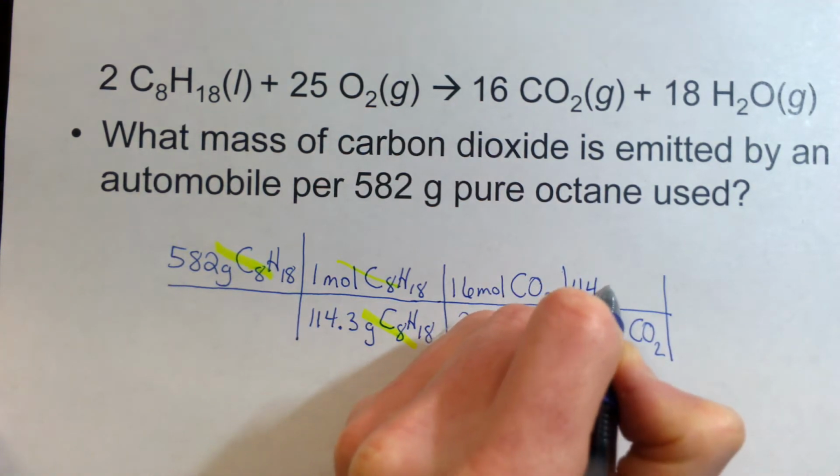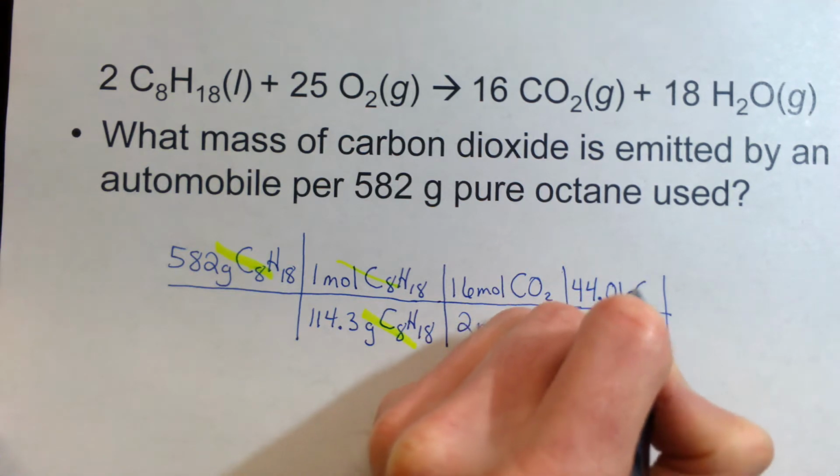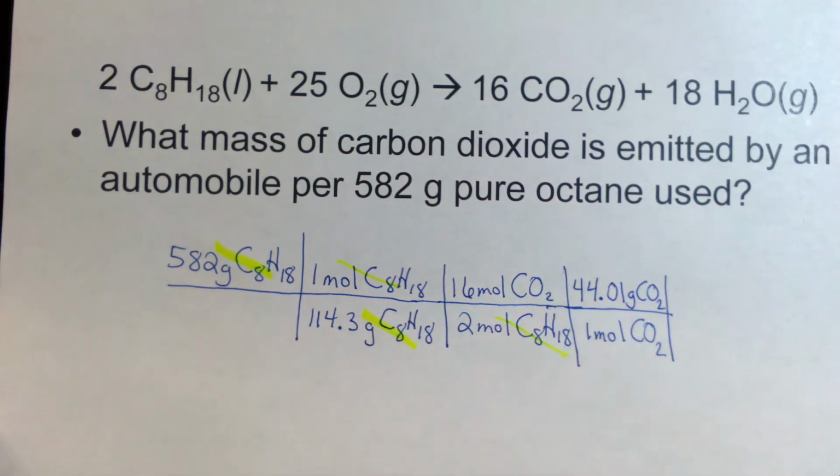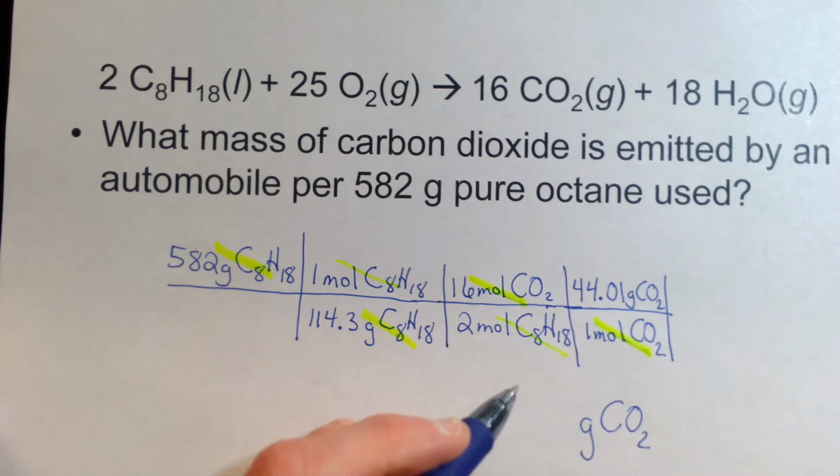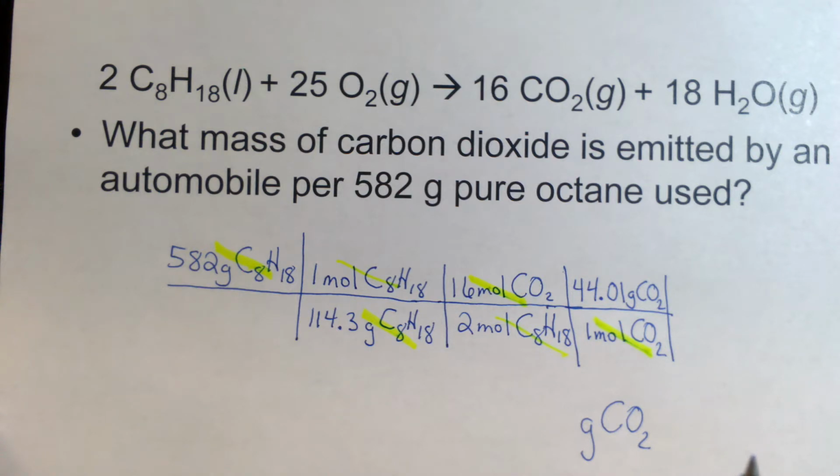Again, we're just retrieving the mass numbers from the periodic table. And we now have everything converted. Notice all of our units have canceled out, and all we're left with is grams of carbon dioxide. And we solve this conversion.